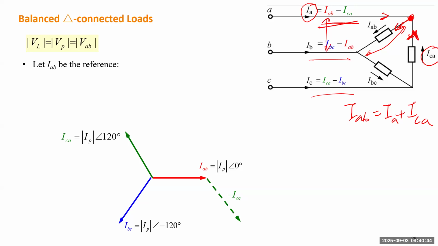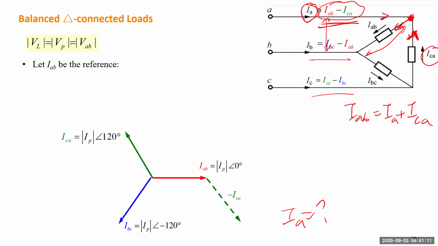To calculate IA, we want to find it in the phasor diagram. We know IA will be the difference between IAB and ICA, which is also the sum of IAB and the negative ICA. So we draw the negative ICA phasor, which has the same length as ICA but points in the opposite direction.